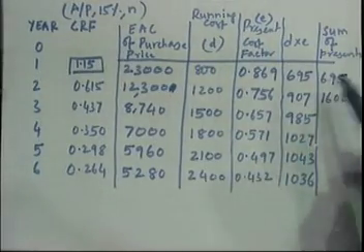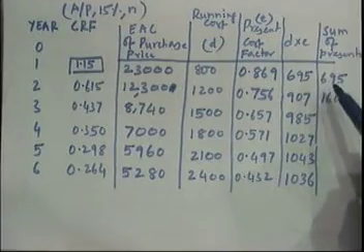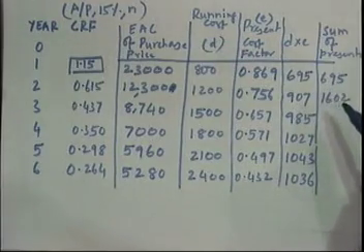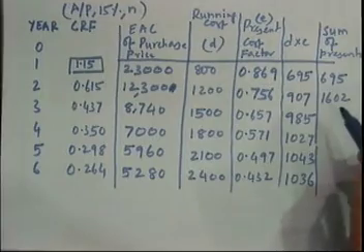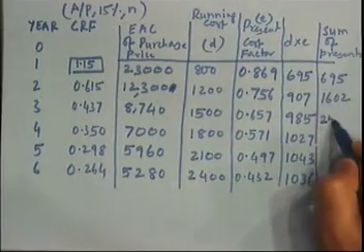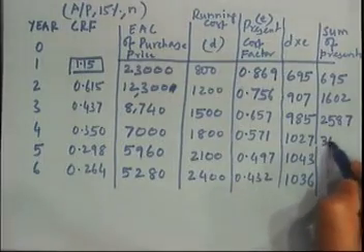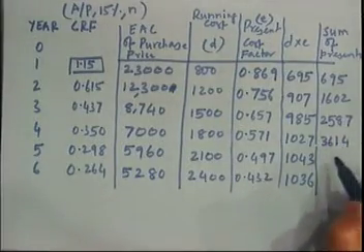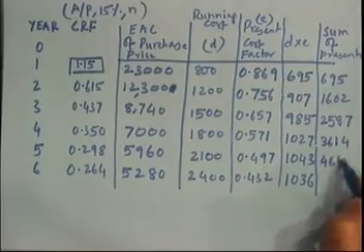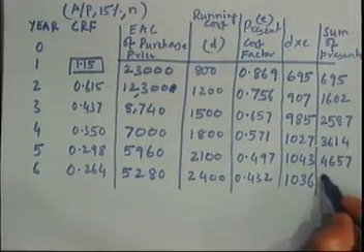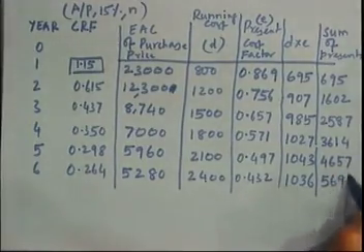What I am doing is I am adding them up. So, this is cumulative sum of present cost. This becomes 2587, this becomes 3614, this becomes 4657 and finally, this becomes 5693.